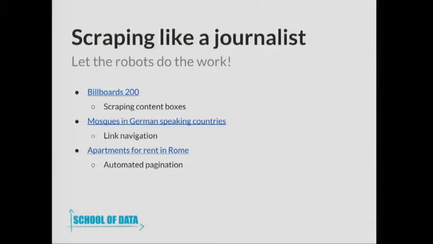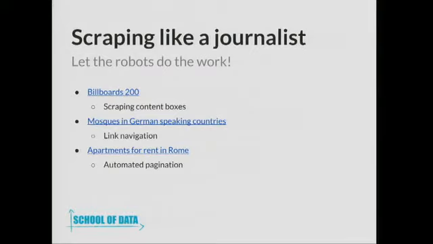It could be any city, but I just selected Rome. There is pagination, so page 1, page 2, page 3, page 4, and WebScraper will extract the information automatically from those pages. You can just set up WebScraper and enjoy the weather, which is great, and when you come back, the information is there for you.